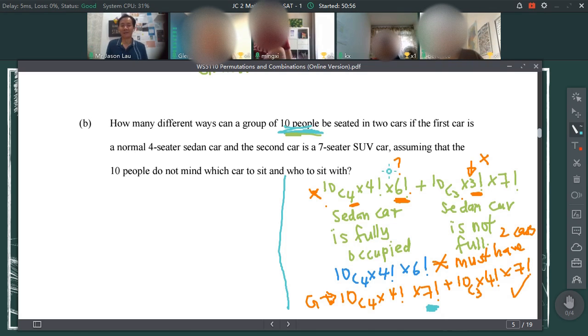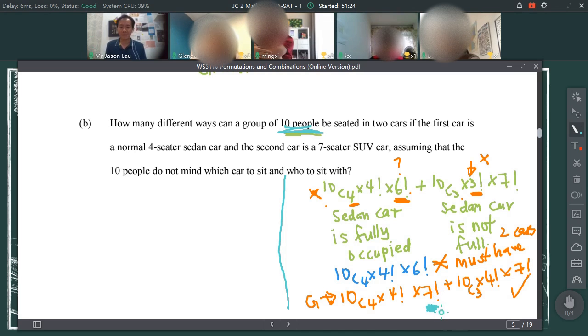Is that why you don't write 6 choose 6, because it's just 1? Technically there's a 6 choose 6 in front, but we will not write it because it's just obvious.